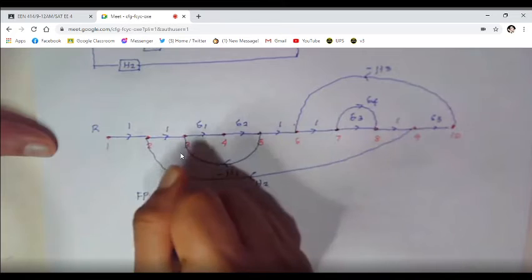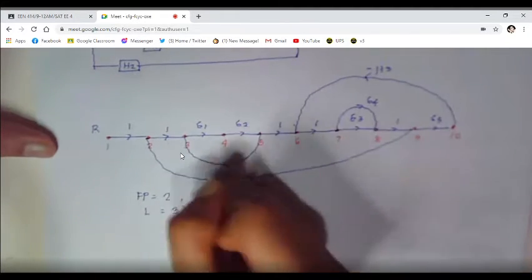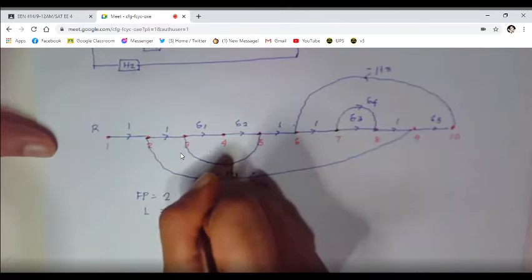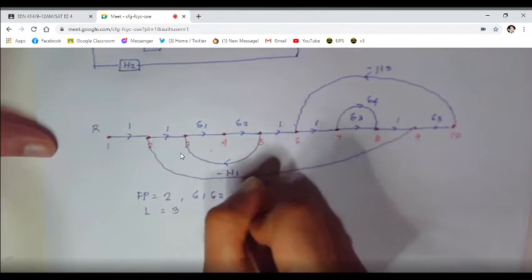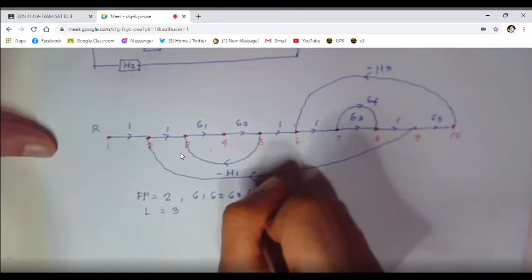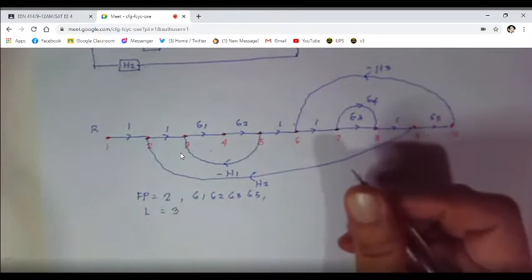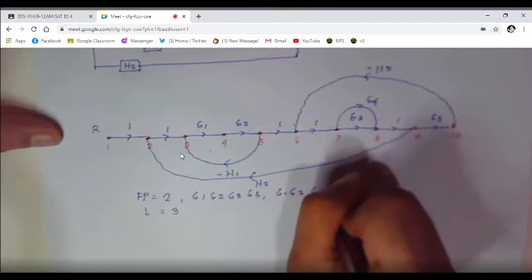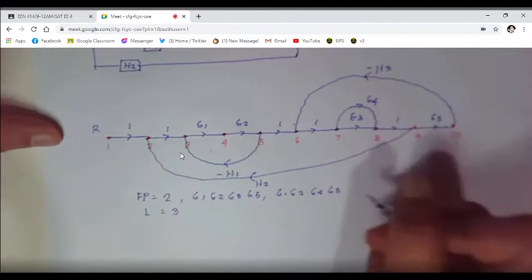Oh, you have 3 loops. So, ano ba yung dalawang forward path natin? So, you have G1, G2, G3, G5, and we have G1, G2, G4, G5.